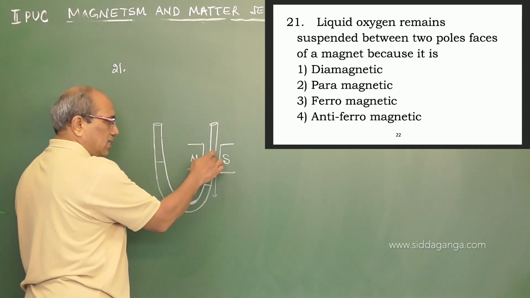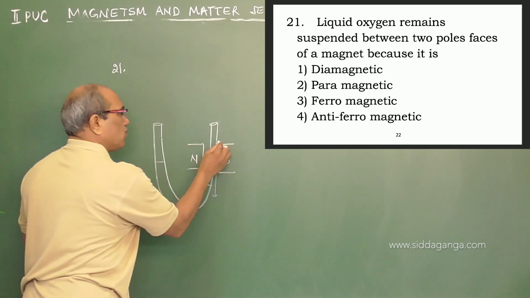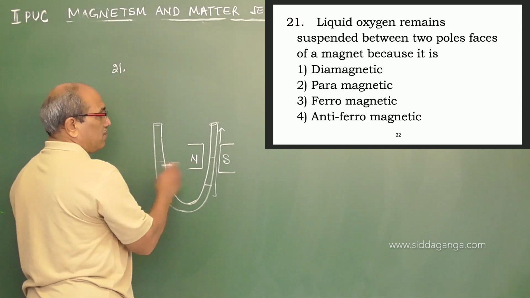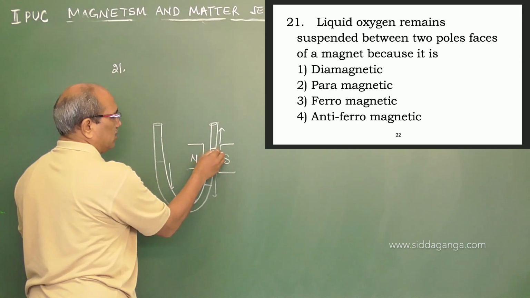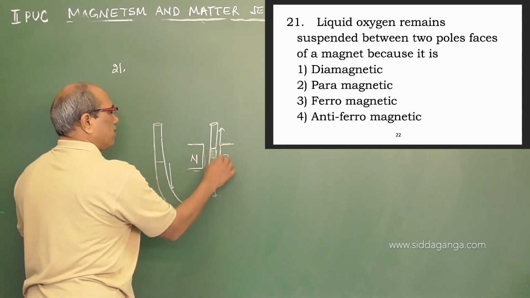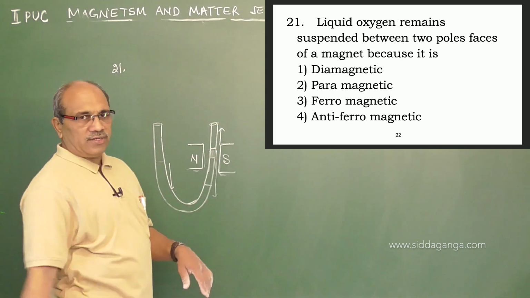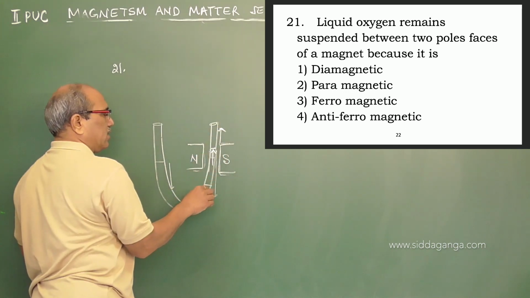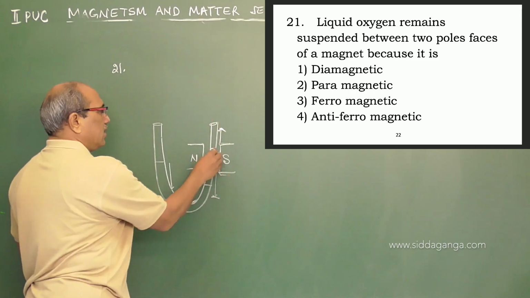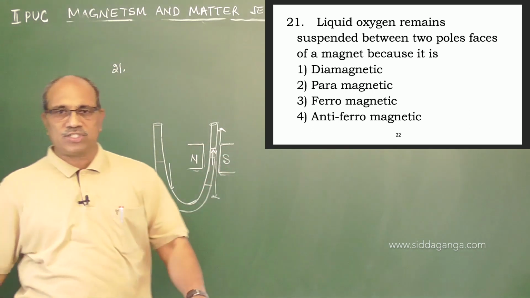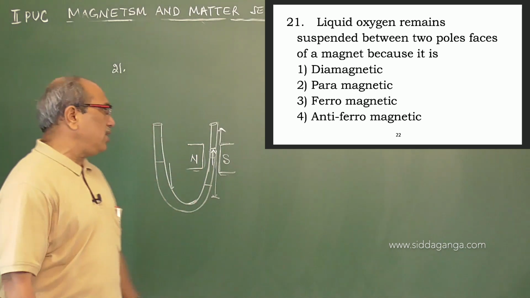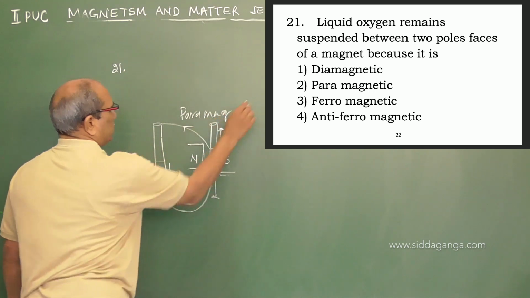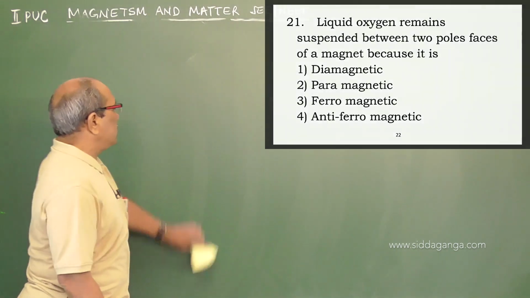In the case of ferromagnetic, the level goes up too much. But in the case of a paramagnetic liquid, the rise is very small, but it still remains in between the pole pieces of the magnet. There is a rise, support is there, but less. It is not so high as in ferromagnetic, not a fall like in diamagnetic. The level remains in between the limbs. Between two poles means it must be a paramagnetic one. Paramagnetic substance. Liquid oxygen is a paramagnetic one.